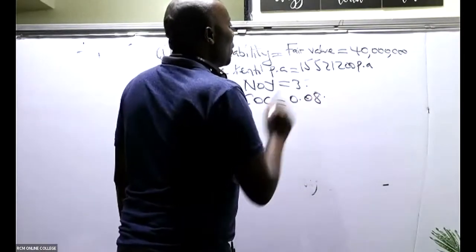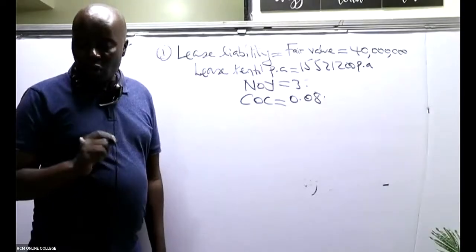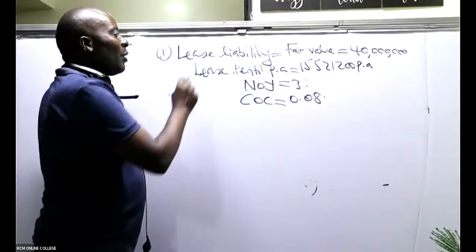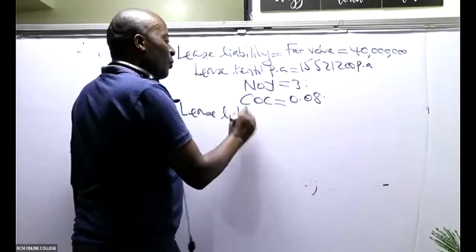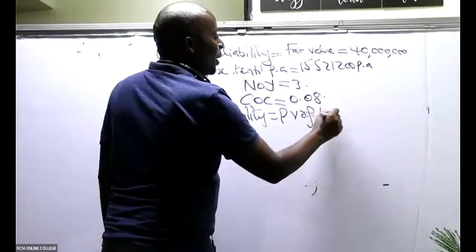So now, in this case, let's assume that the fair value was not given. If the fair value was not given, then I would have gotten this lease liability by taking the present value of lease rentals.